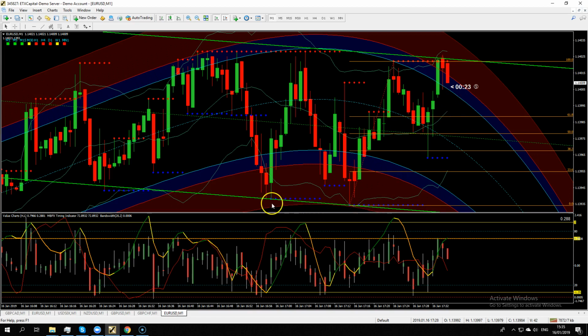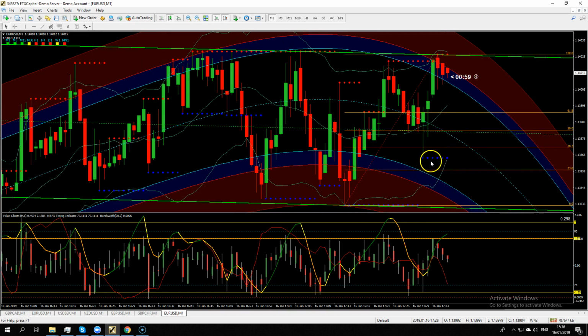And at the same time, we have at various different levels what we call support lines. That's where price can only go so far down before it bounces back up. So we have a support line here, here, here, and here. When price comes back down, I'd be keeping a good eye out for this area here to see whether price will bounce off it.